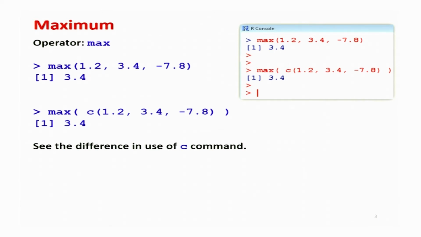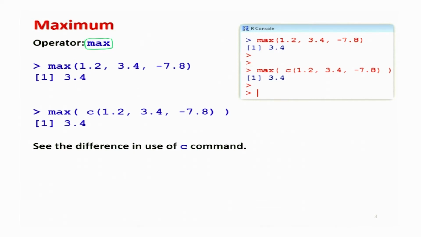These built-in programs have been given names. For example, if you want to find out the maximum of some numbers, the name of the program is max. You can call this program by this name, and the job of this program is to provide you the maximum value among the given numbers.